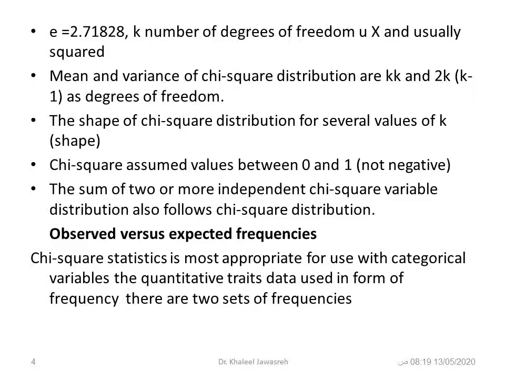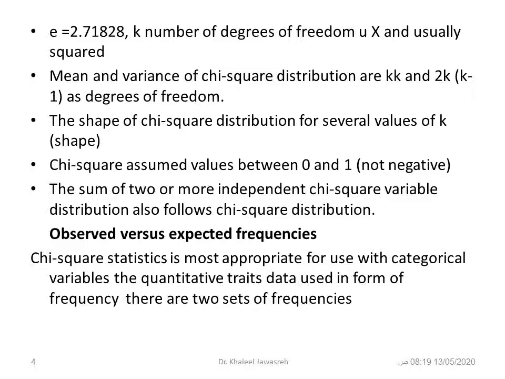So we'll go directly now to discuss the most important thing here, the observed versus the expected frequencies, which is very important to know in chi-square analysis. The chi-square statistic is most appropriate for use with categorical data or variables. As I told you, categorical data, the frequencies, or quantitative trait data used in the form of frequency.